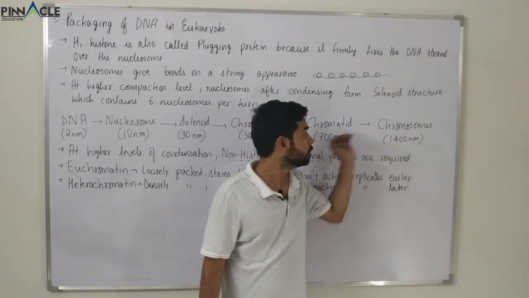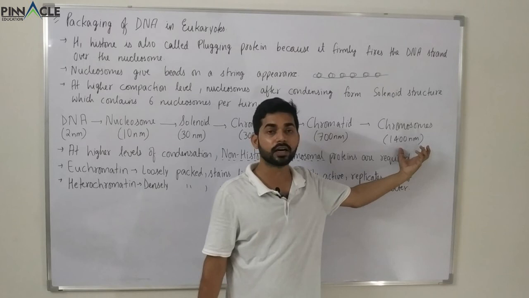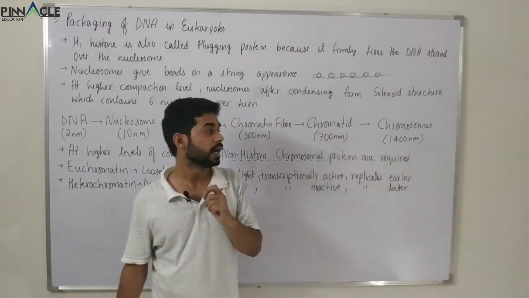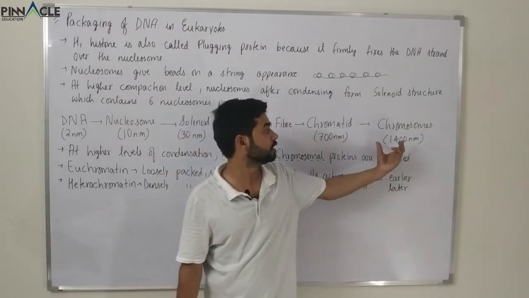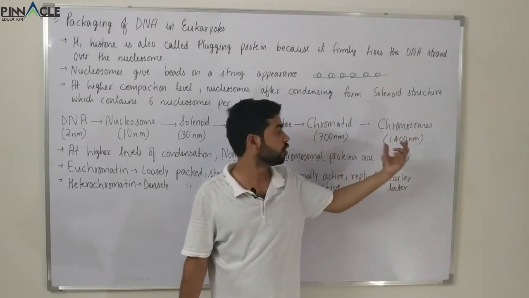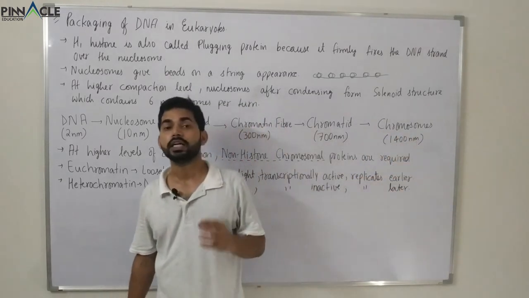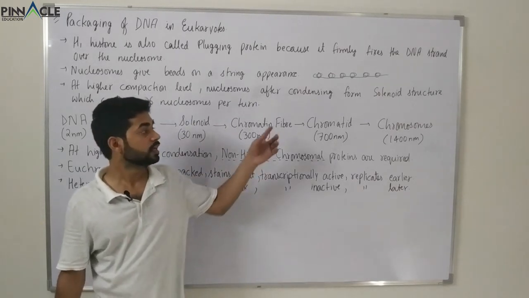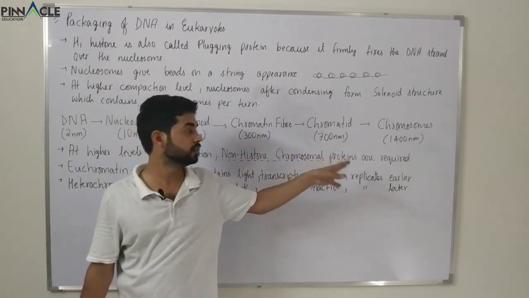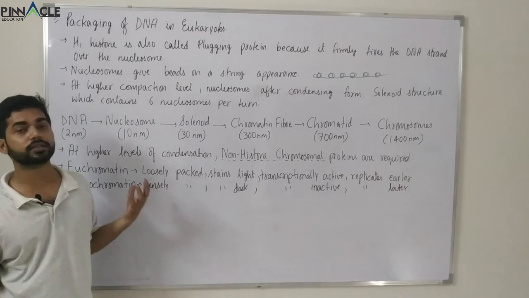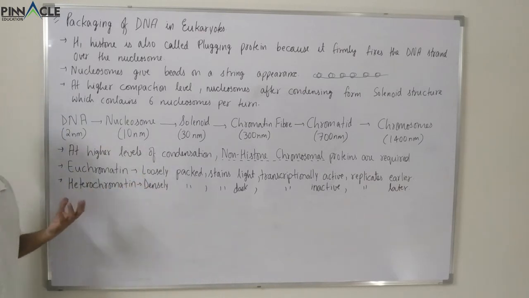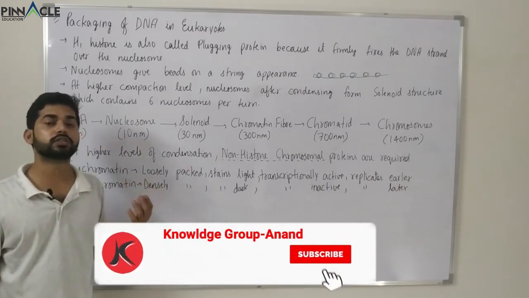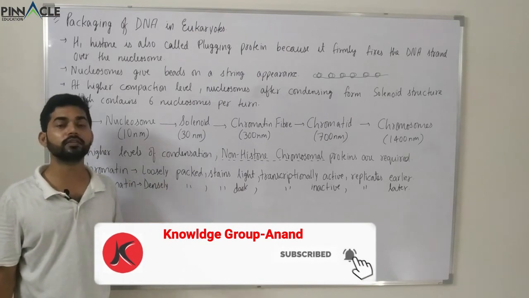Because of the condensation that is occurring, 2.2 nanometer DNA is condensed in chromosomes of thickness 1400 nanometer. That is why DNA, even after being such a long polymer, is easily packed inside the nucleus. And this was the whole discussion about packaging of DNA. In the next topic, we are going to start DNA semi-conservative replication.